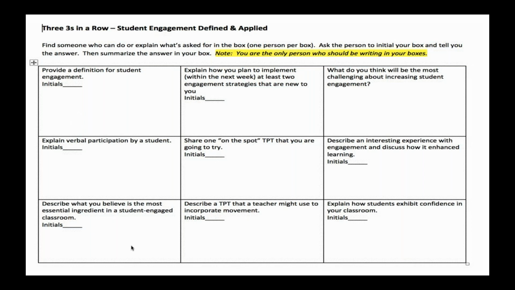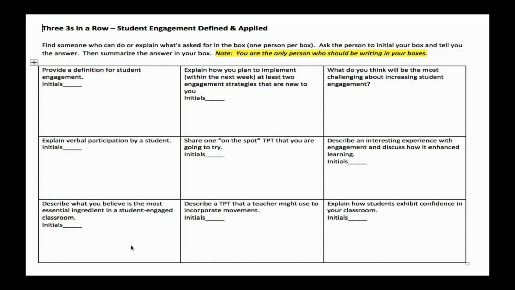Again, once they have their sheet, students are going to stand up, find a variety of partners, and let the partners select one of these that they might respond to. Note, I have it highlighted on the slide. The person who owns the paper is the only one writing in the boxes. That's on purpose.